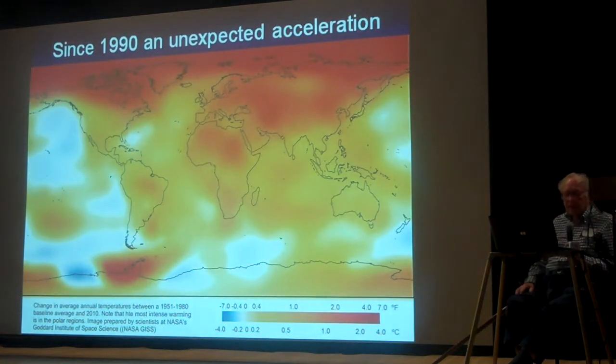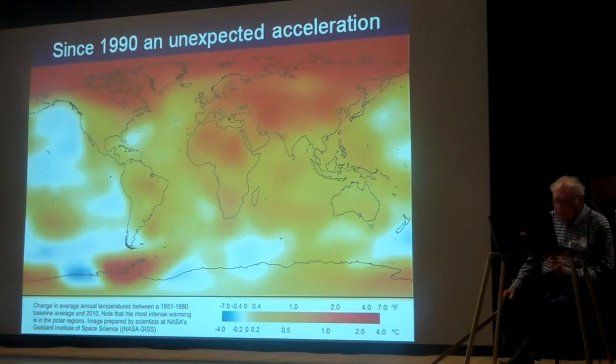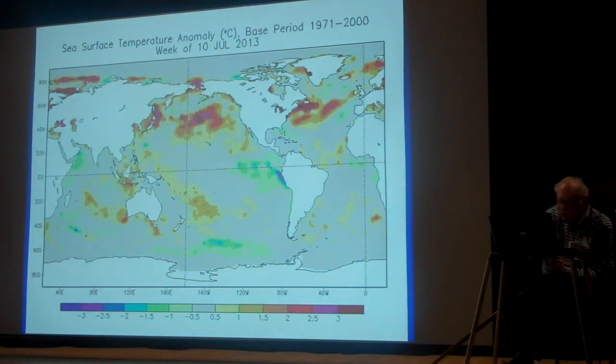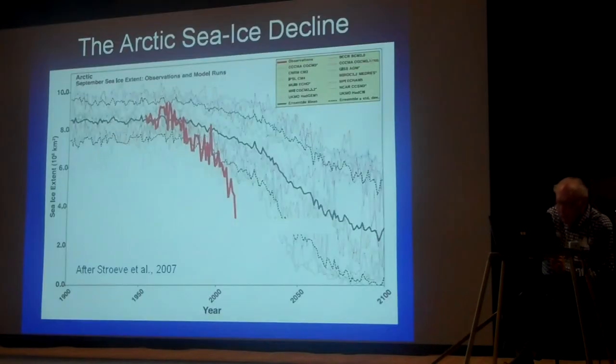Now, since 1990, there's been a very, very strong acceleration, especially in the polar regions. You'll notice the temperature change is concentrated in the North Polar region. This shows you the sea surface temperature anomalies, and you can see that this was just a few weeks ago. The oceans are warming much more than one would hope. But here is what is really spectacular.